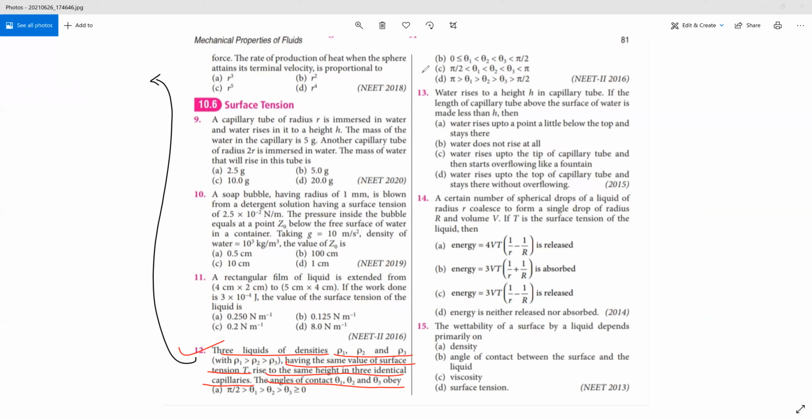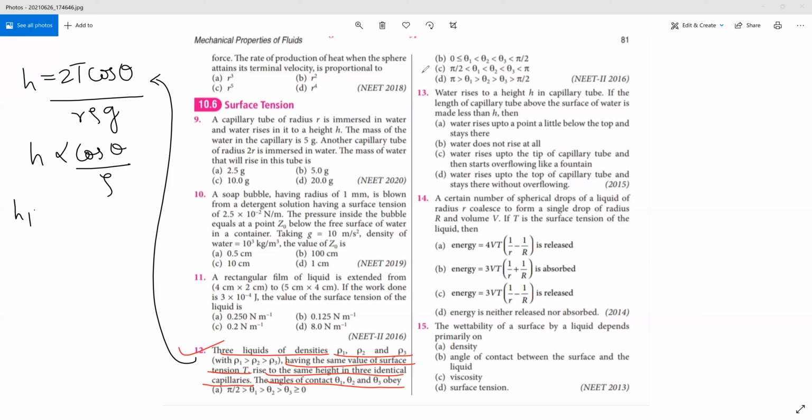For the 12th one, the capillary rise equation is given by h is equal to 2T cos theta divided by r rho g. For given values of T and r, h is directly proportional to cos theta divided by rho.